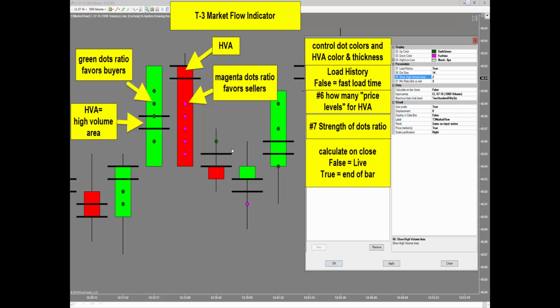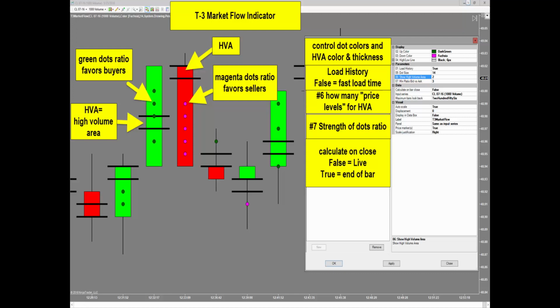This indicator basically has two plots. Green or magenta plots telling us that the buyers are in control of the bar or the sellers are in control of the bar. And then these HVA areas are high volume areas. You can see these wide black ticks. This is the price at which more volume happened inside the bar.